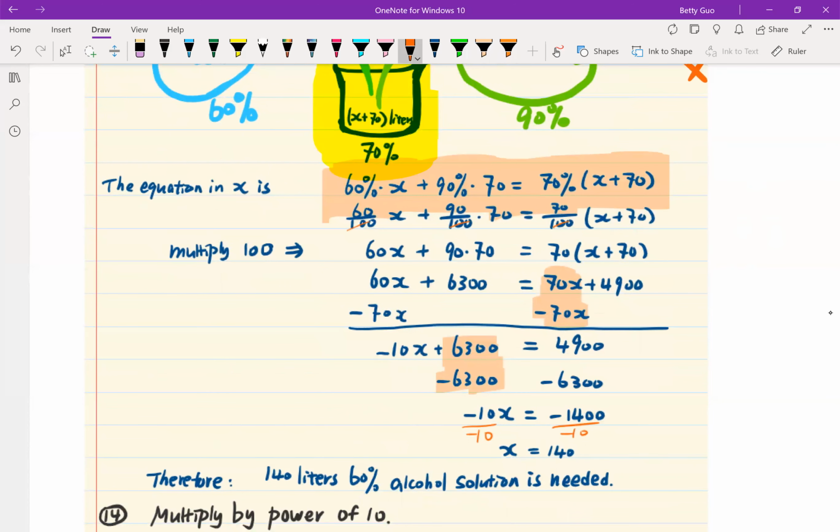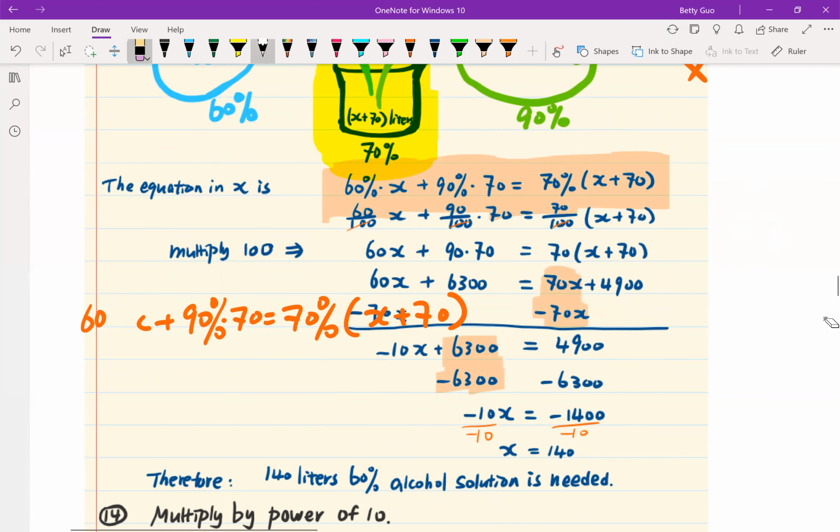In this equation, 60% x plus 90% 70 equals 70% times x plus 70. All the three parts have a percent. We are able to remove the percent from all the three parts.